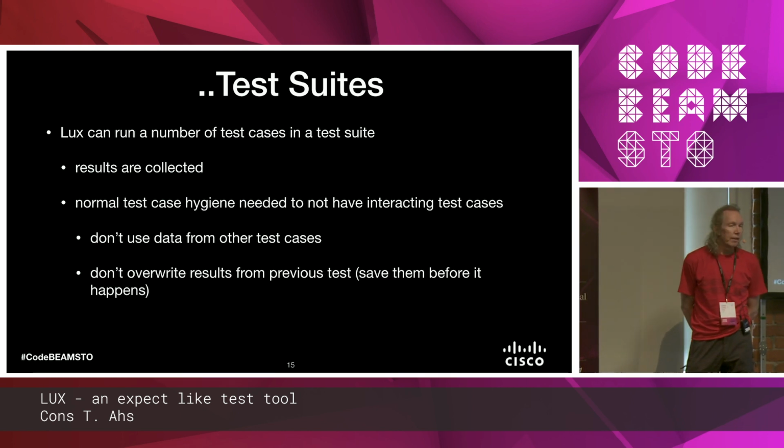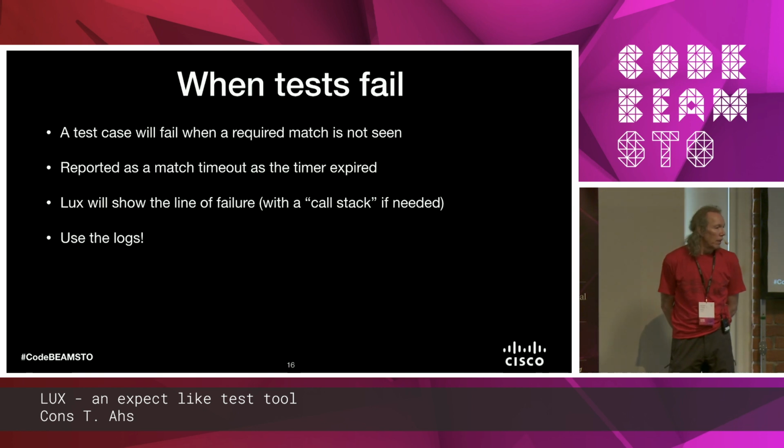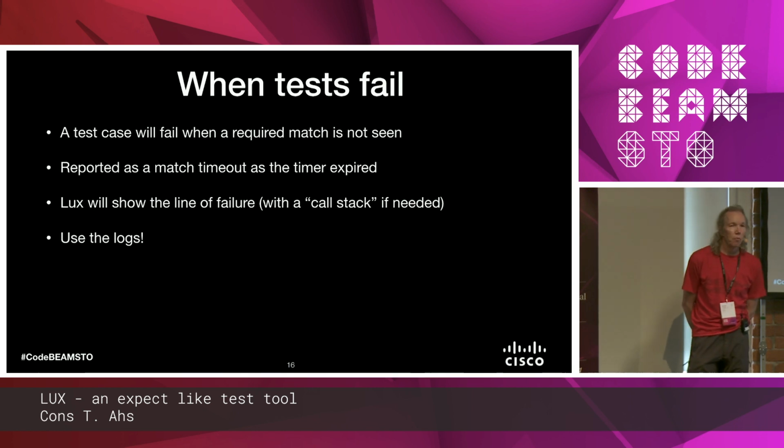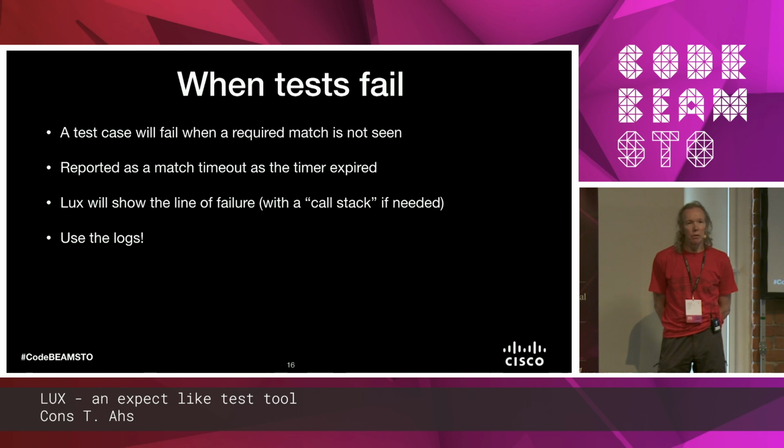And of course, test cases will fail. When they don't fail, we really don't care about the logs. So LUX is a fine producer of log files, and in most cases, we really don't have to care about them because everything is fine, it works, so we can just carry on.